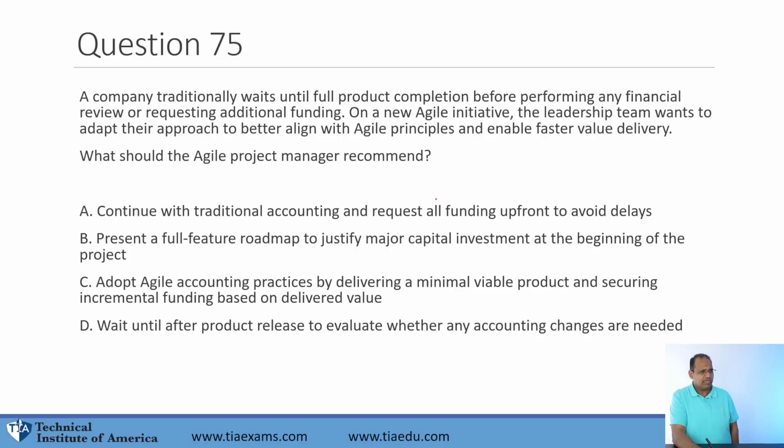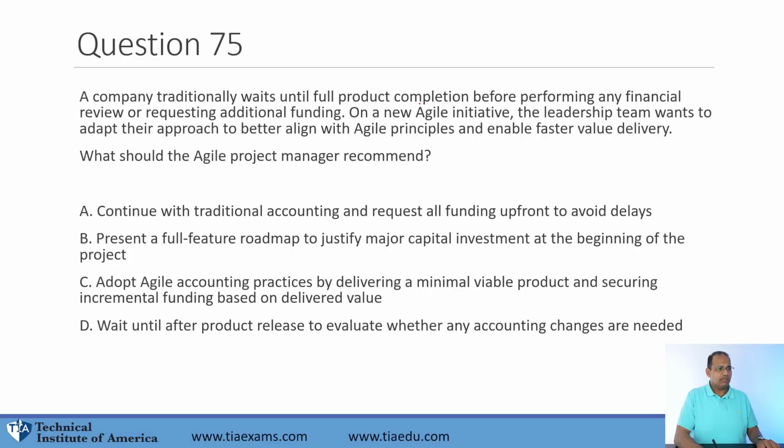Continue with traditional accounting and request all funds up front to avoid delay. Present a full feature roadmap to justify major capital investments at the beginning. Adapt Agile accounting by delivering a minimum viable product and securing incremental funding. Wait until after the product release to evaluate whether accounting changes are needed.